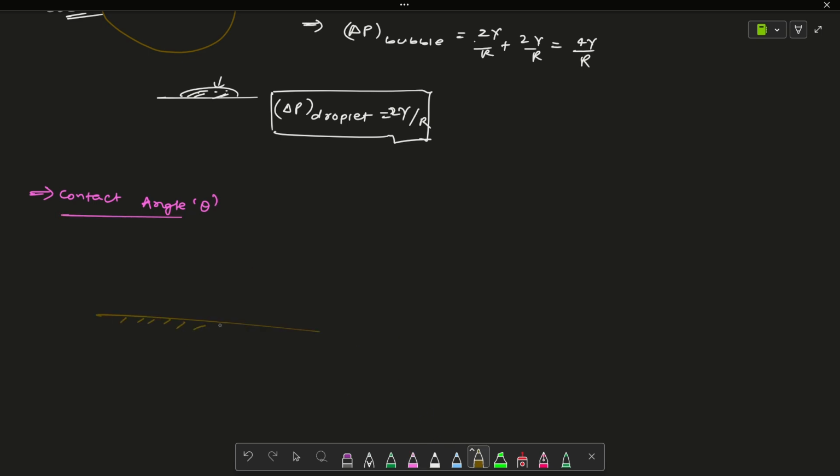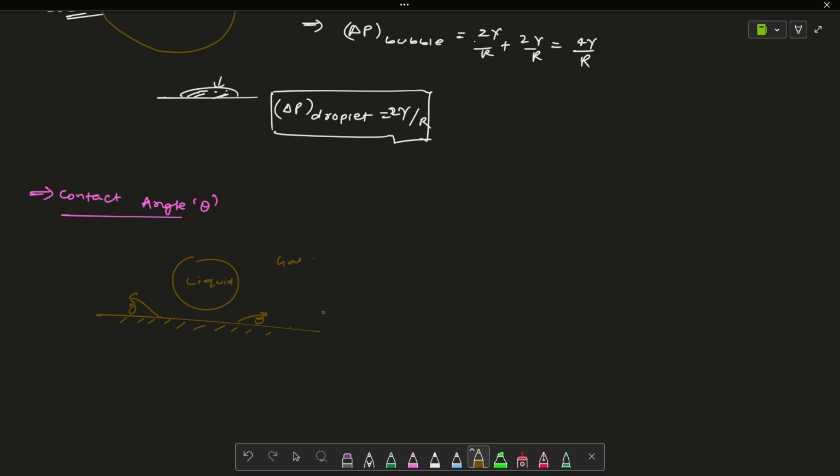Say a table is there, and a liquid droplet is there. Now if it is making an angle theta which is less than 90 degrees, then we can say it is a non-wetting liquid. And when theta is larger than 90 degrees, we will simply call it a wet fluid.